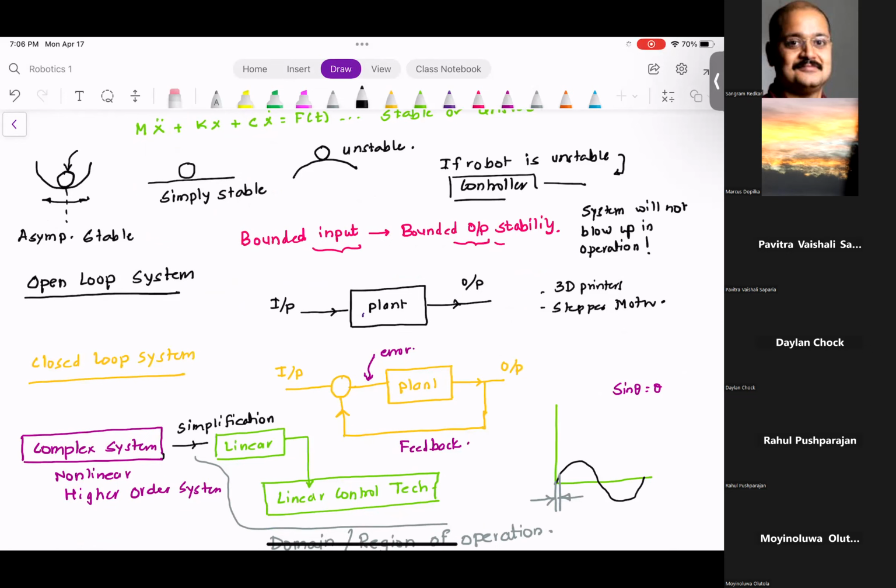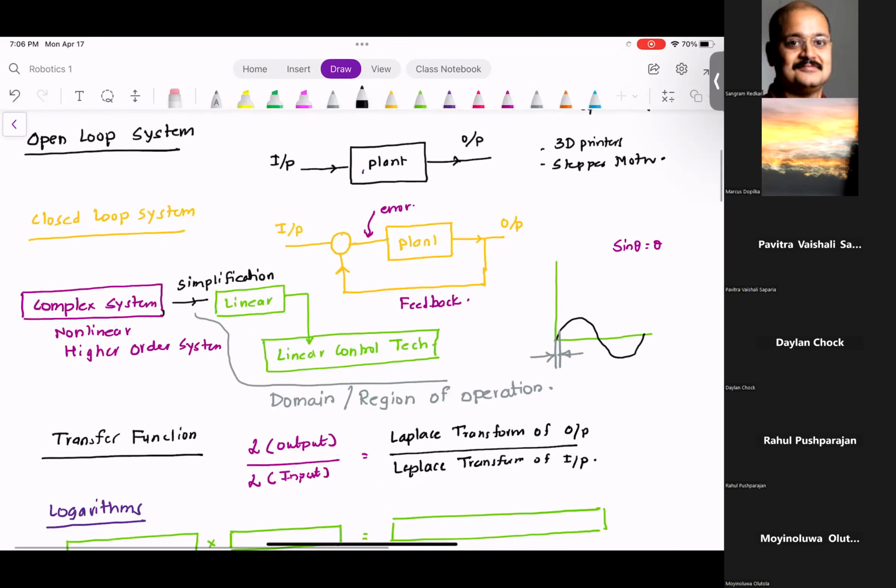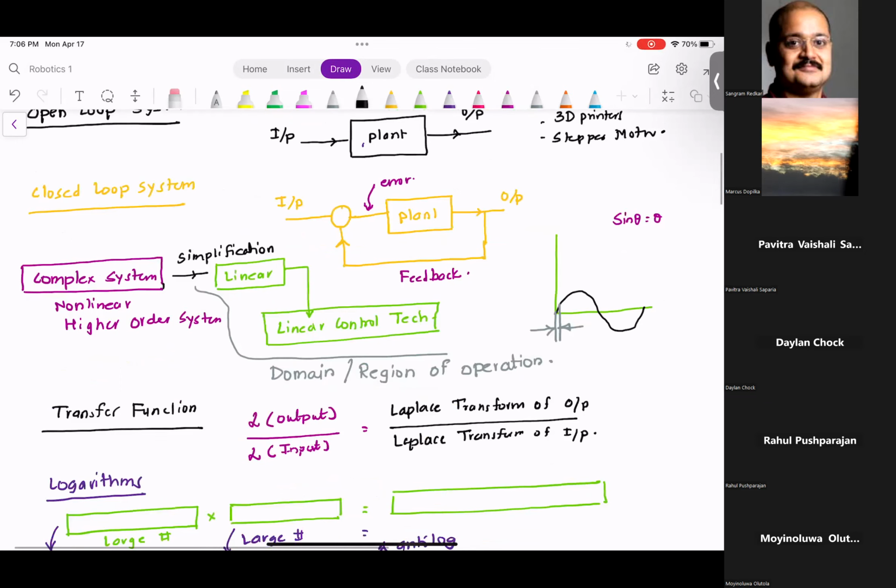Now, transfer function is another approach that can be used for analysis of linear systems. For example, if your robot is a linear system, then you can construct the transfer function for the robot, which is nothing but the Laplace transform of output divided by the Laplace transform of input.